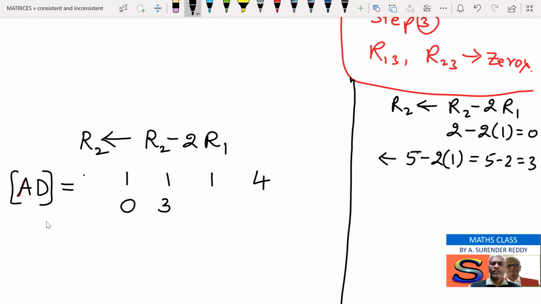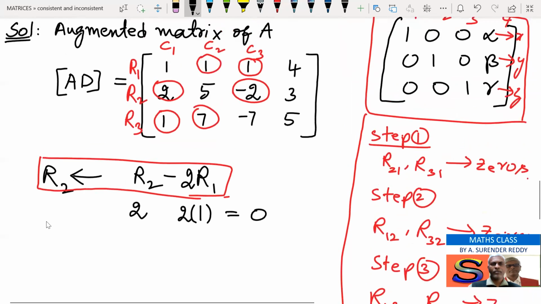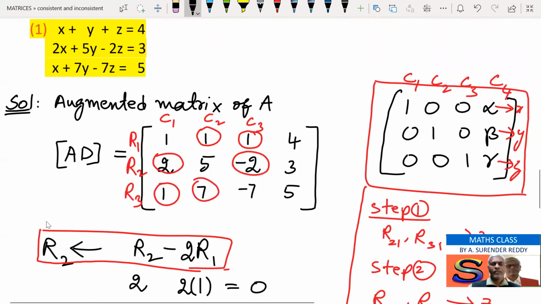The same way, apply the formula for the third element, that is minus 2, 1. The R2 value is minus 2 and the R1 value is 1.